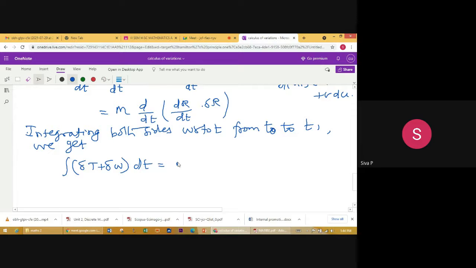So M into dr by dt delta r from t0 to t1.